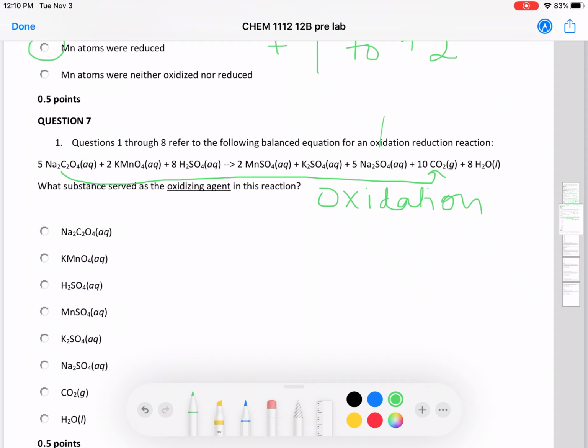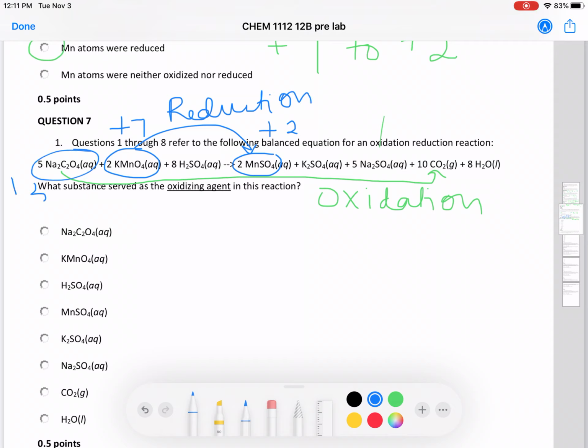And then potassium permanganate going to MnSO4. Number goes from +7 to +2. This is reduction. This one going from +3 to +4, oxidation. It's asking what is the oxidizing agent.